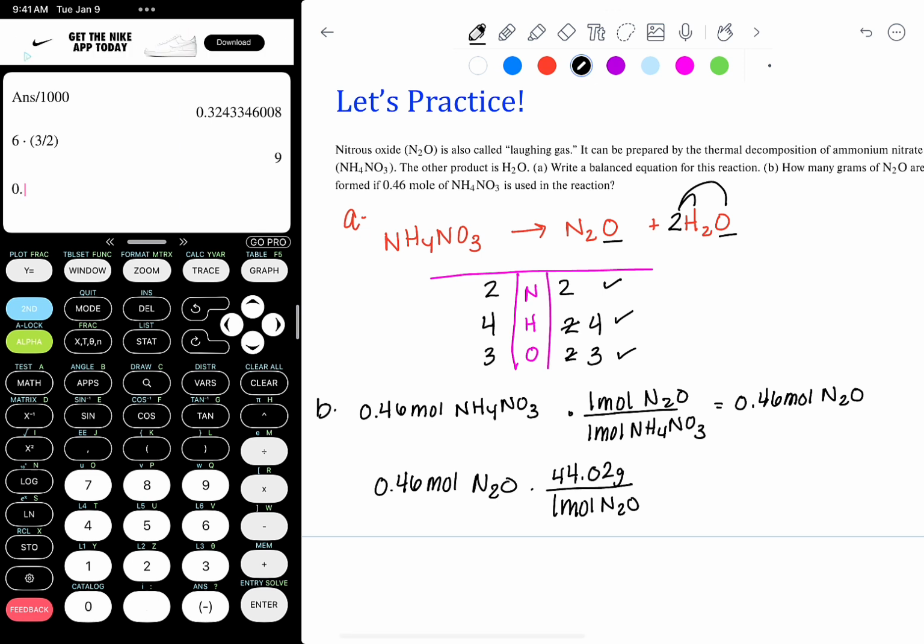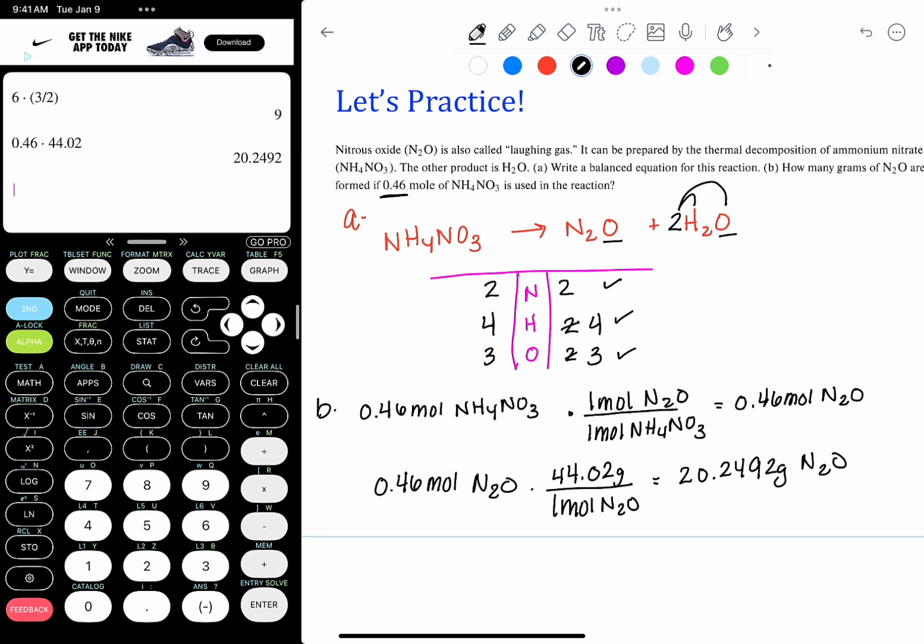So we take that 0.46 and multiply it by 44.02, and we get 20.2492 grams of N2O. I only have 2 sig figs in this problem, so we would write this as either 20 with a decimal at the end grams of N2O, or you could write this as 2.0 times 10 to the 1 grams of N2O.